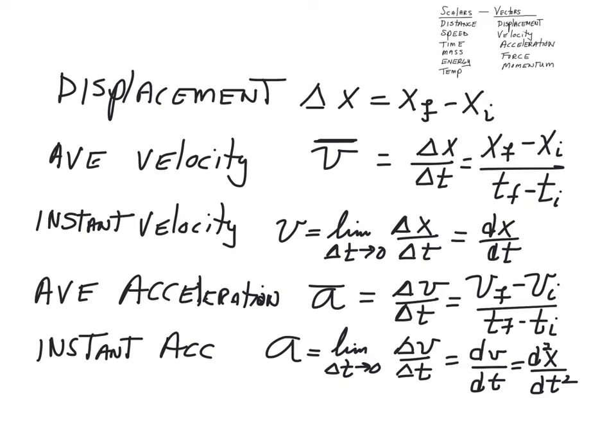And if you're on, like in many of the exercises, a straight x-axis line, if the final position is a smaller number than the initial position, then the displacement will be negative.